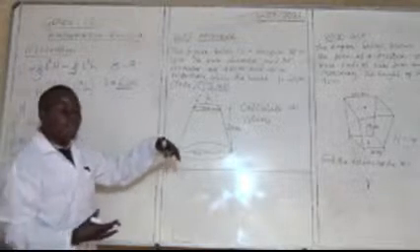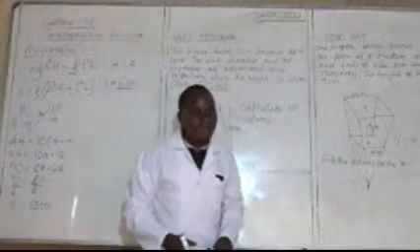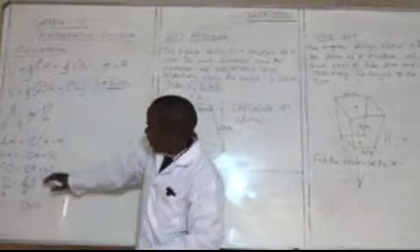So we have all the data now that we can use to calculate the volume of this first term here. Because we have the bigger height is 15, then the smaller height is 6 centimeters. And we have the size of the bigger base and the size of the smaller base.